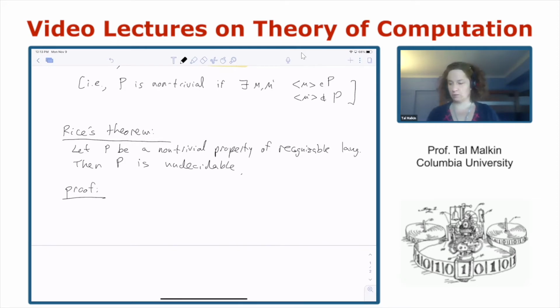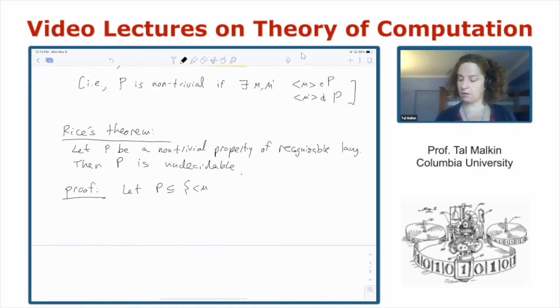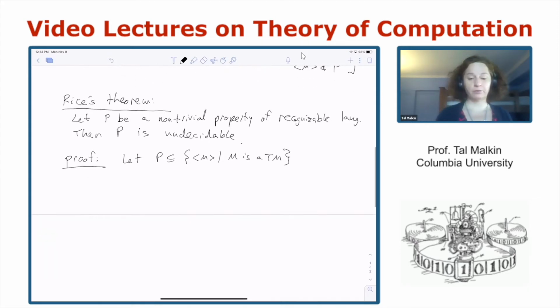Okay, so we have this P. Let P be, this is P, it's some subset of Turing machines that is moreover a non-trivial property of recognizable languages.